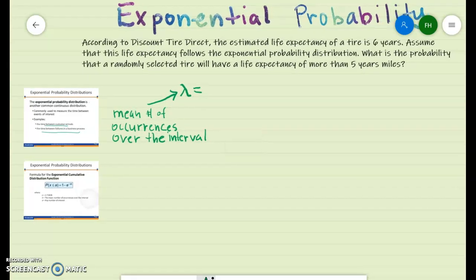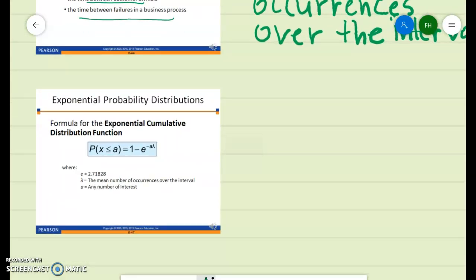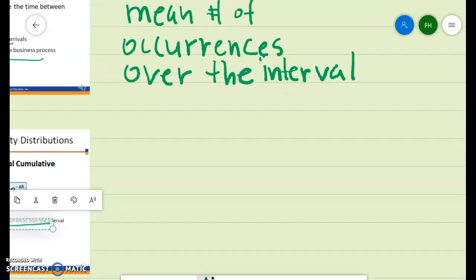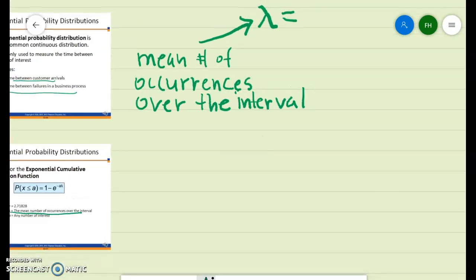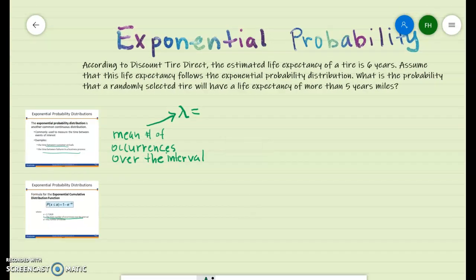And so here we have this symbol, and it is the mean number of occurrences over an interval. So when you see that symbol, it's the mean, but it's the mean over an interval. So here our interval would be one tire over how long that tire lasts.